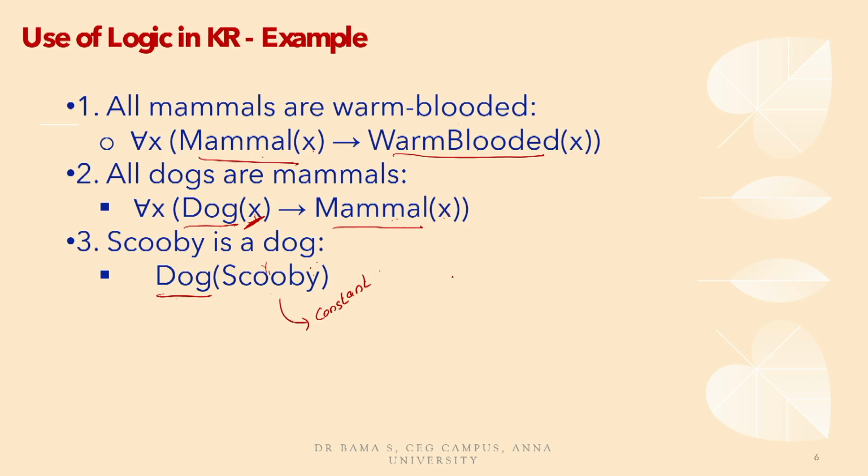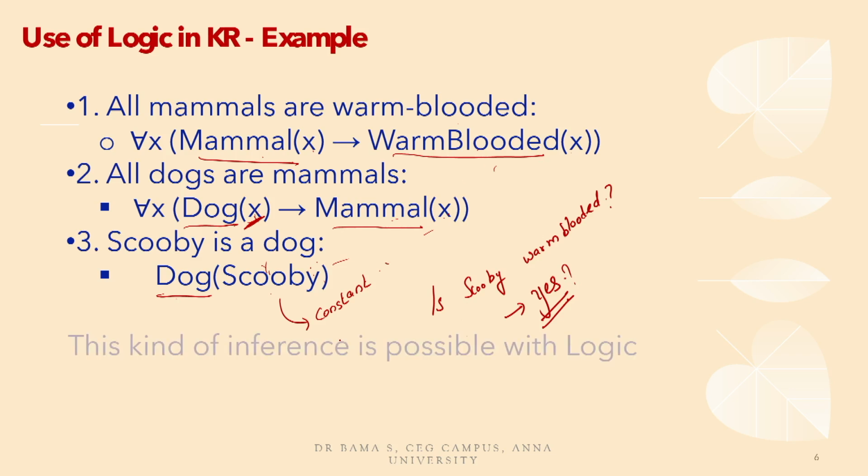So, if the question is whether Scooby is warm blooded, using resolution or some other forward or backward chaining, the answer would be yes, and not only yes, but how we got that would also be given as a proof, and that is the whole reasoning process.